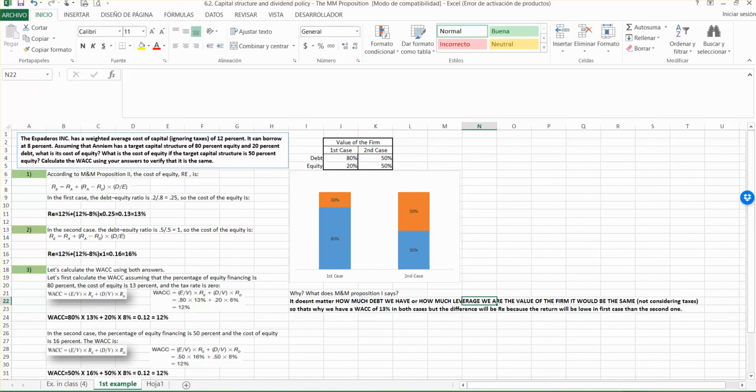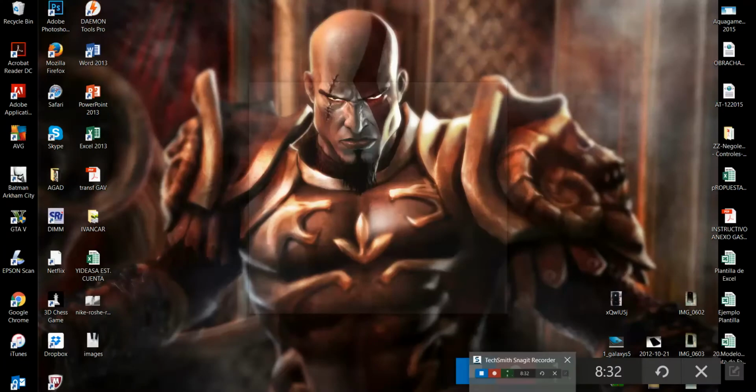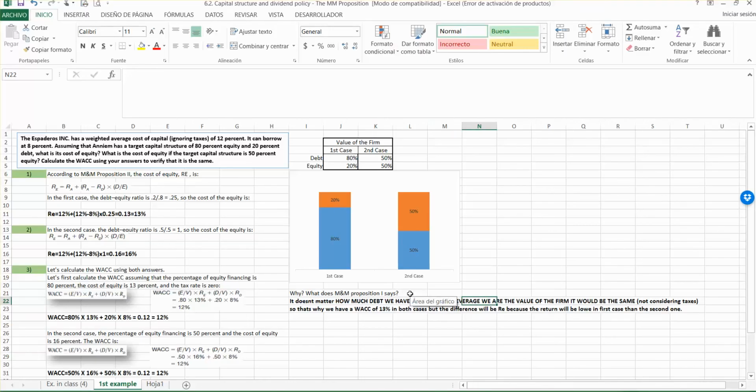This is the proposition. Well, it's pretty easy. The first proposition says that it doesn't matter how much debt we have or how much leverage we have, the value of the firm will be the same. That's what we can see in this graphic. It doesn't matter if we have 80% debt and 20% equity, or debt and equity 50 and 50.